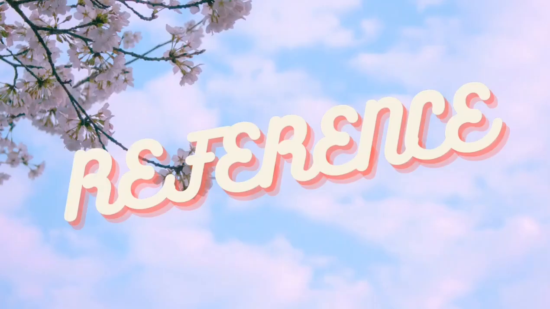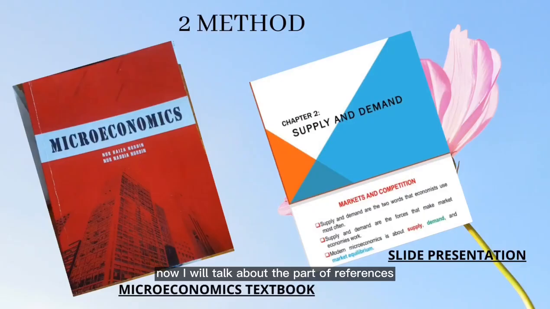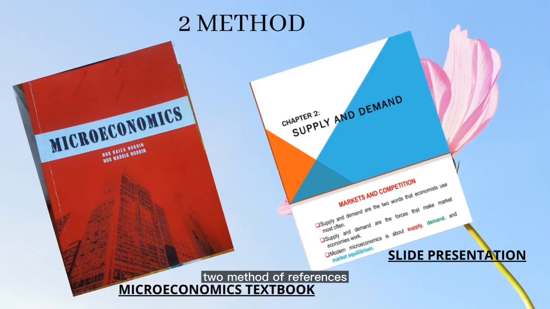Thank you, Yok Ping. Now I will talk about the part of references. For answering case study number 3, our group did the discussion using two methods of references. Firstly, is the Microeconomics textbook, 4th edition, March 2021.